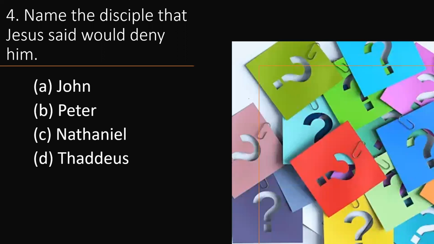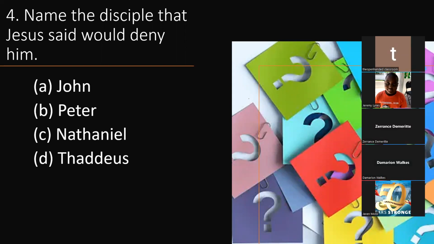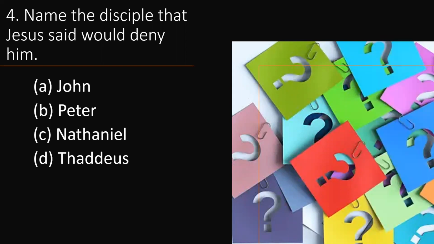Okay, interesting. Demarion, why did you pick A, John? That was a guess. Who denied Jesus? Peter. All right, it is Peter.